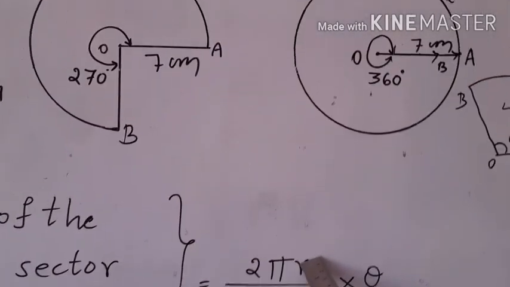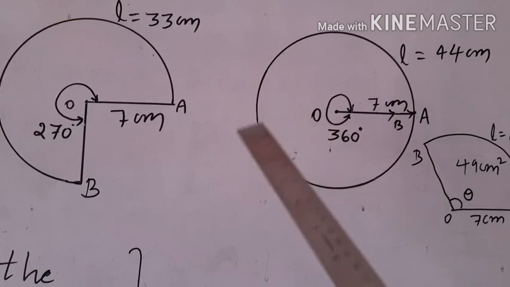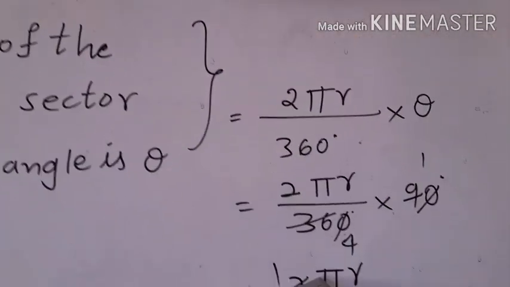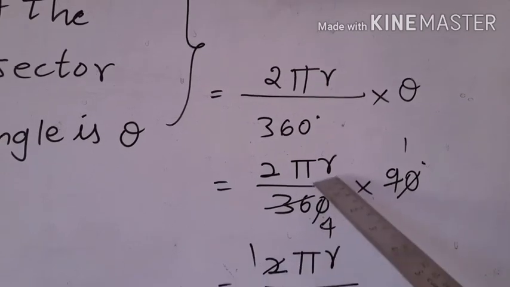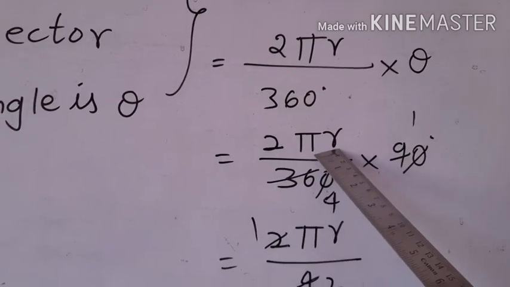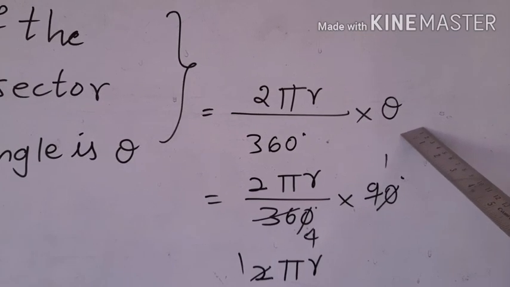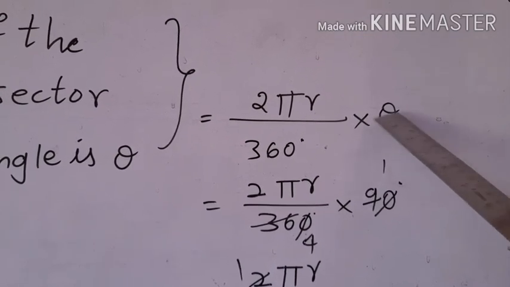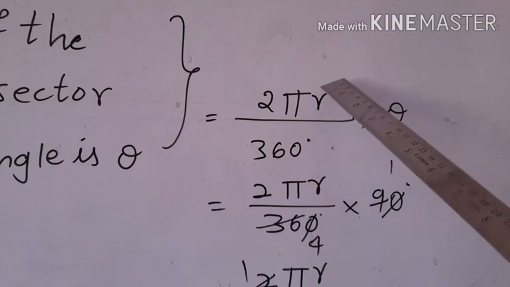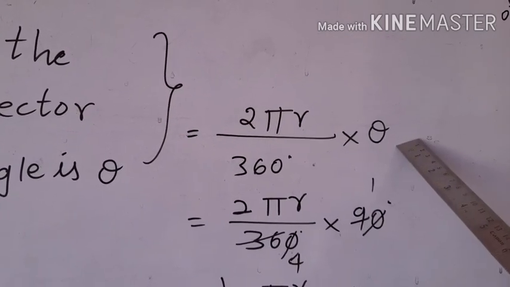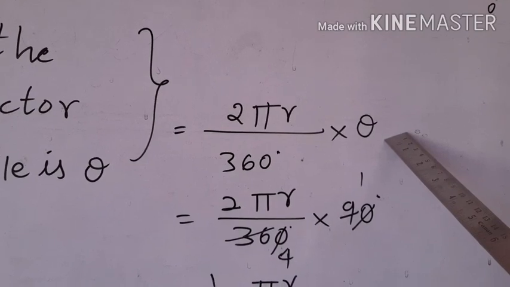Okay, see here, when the central angle is 360 degree, the length of the arc becomes one full circle. That's why when the central angle is 360 degree, the length of the arc is 2 pi r. Okay, but when the central angle is theta degree, what is the length of the arc? Okay, for this much of central angle, this much is the length of the arc, and for this much of central angle, how much is the length of the arc?